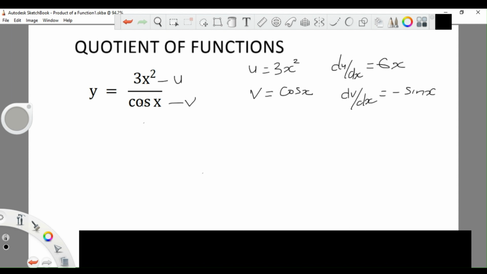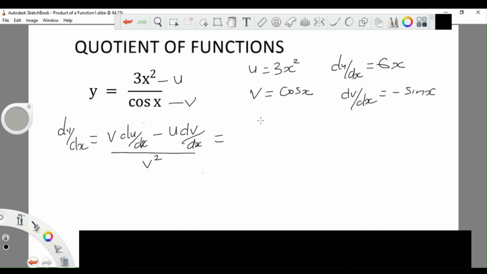So therefore, to differentiate this quotient, what we'll do is dy dx is equal to, remember, v du dx minus u dv dx over v squared.